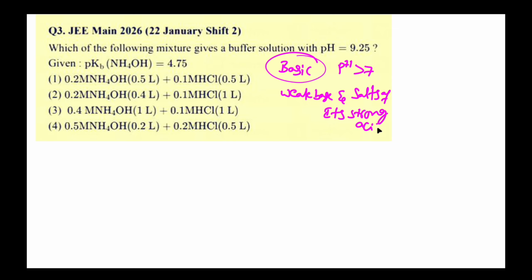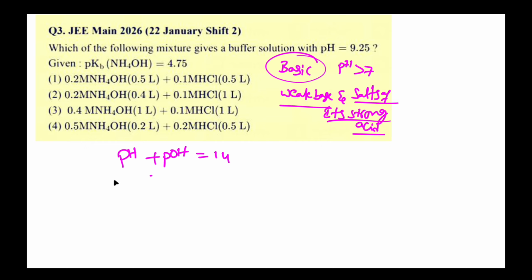So a basic buffer solution is obtained by the mixing of a weak base and salts of its strong acid. From the options given below, we find out which contains a weak base and salts of strong acid after combination of these two.